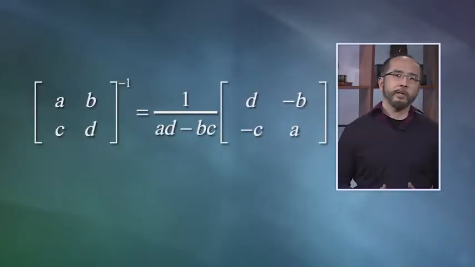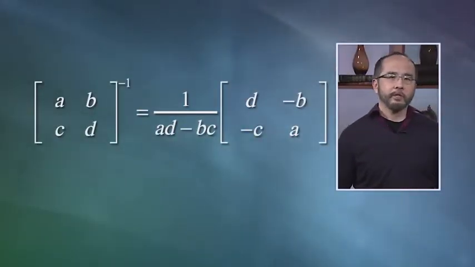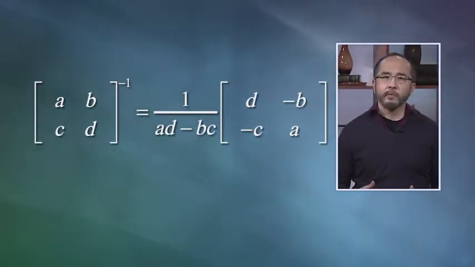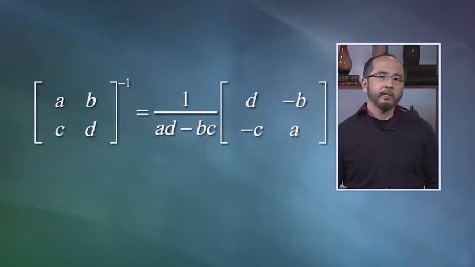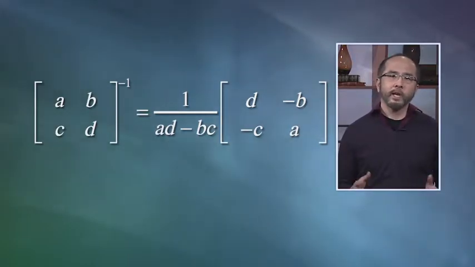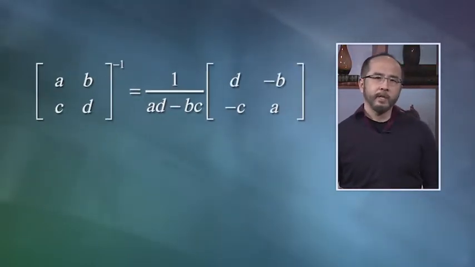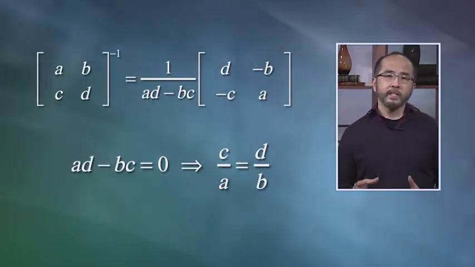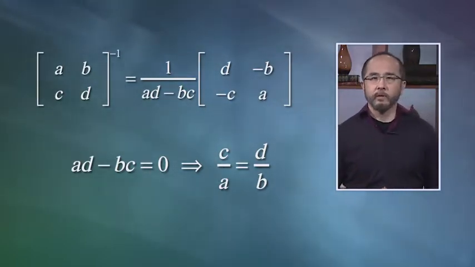Now for 2 by 2 matrices, recall that the inverse of the matrix A, B, C, D is the matrix D, minus B, minus C, A times a fraction 1 over the quantity AD minus BC. The only instance where this formula fails to make sense is when AD minus BC equals 0.